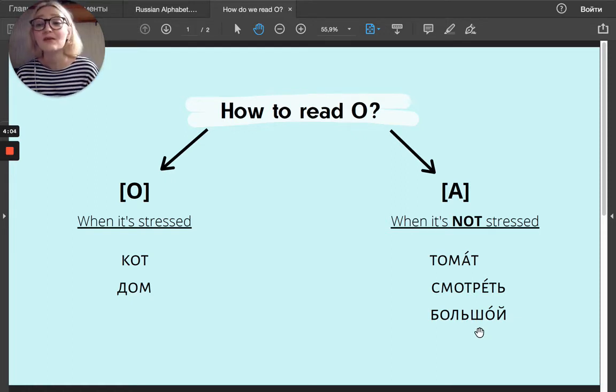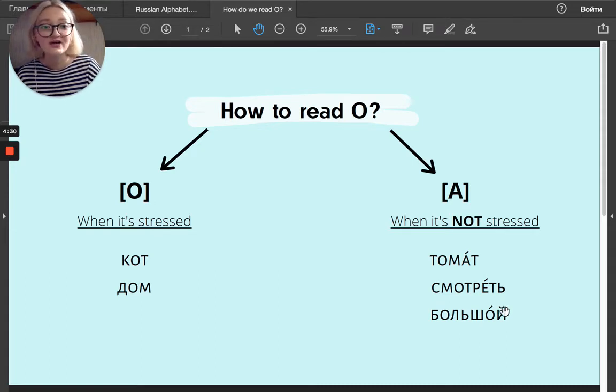If you read it like большой or the previous word смотреть, it's totally fine and everyone will understand you. But if you really want to sound like a native, you need to know this rule. We never read O like O when it's not stressed. So, большой. It's an adjective now.